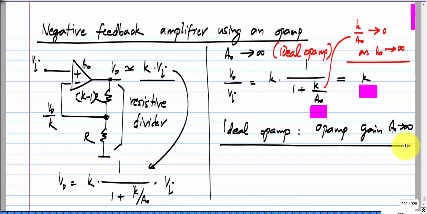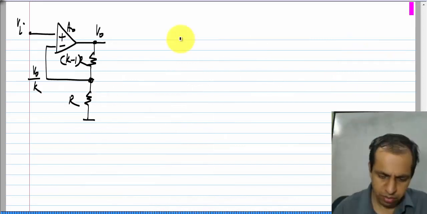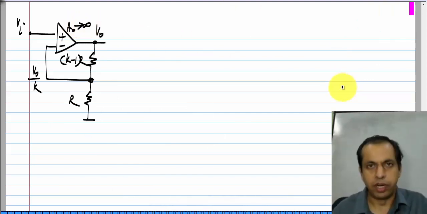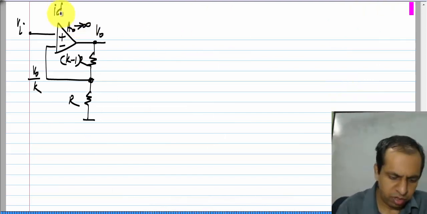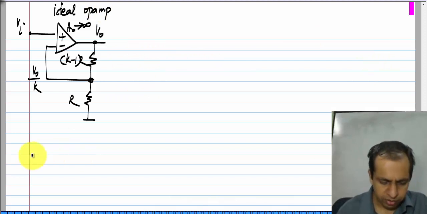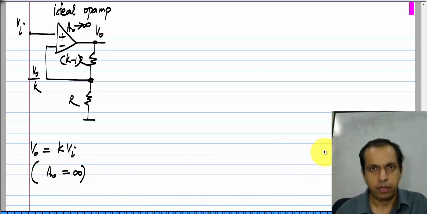So, what happens in such a case? Let us look at it in some more detail. I will consider the case of an ideal op amp, or A naught being infinite. In this case, V naught is exactly equal to k V I. This is because A naught is infinity.